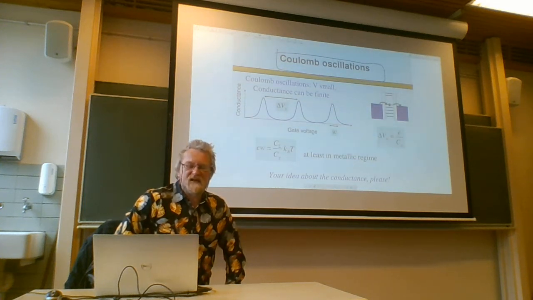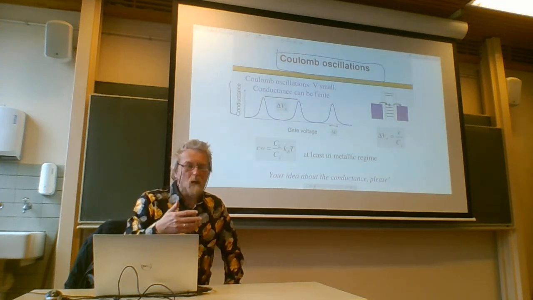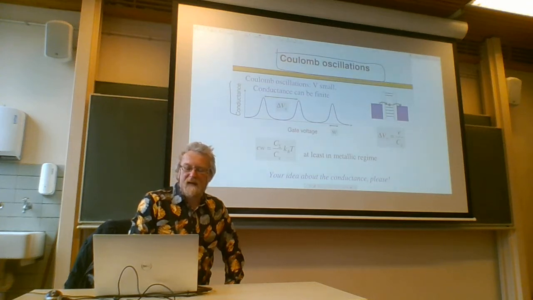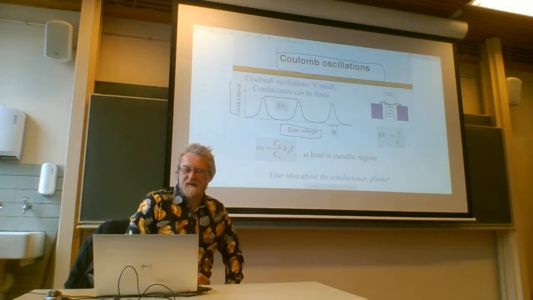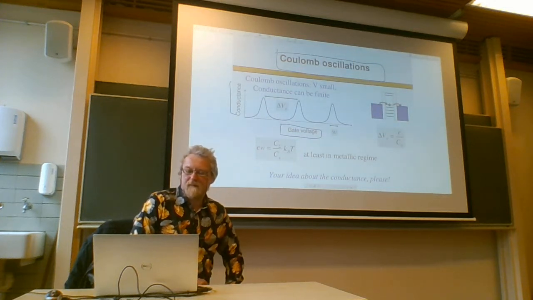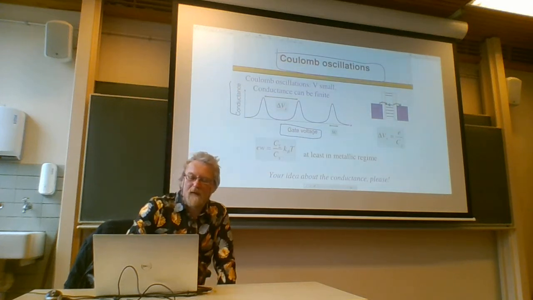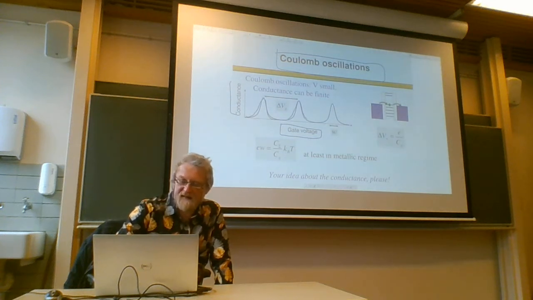We just measure conductance of the structure at low voltage, linear conductance, and we measure it as a function of gate voltage. Then what one sees is a picture of conductance peaks.